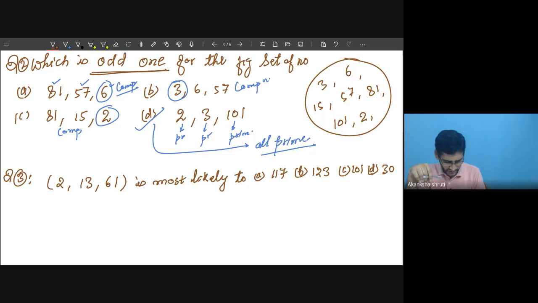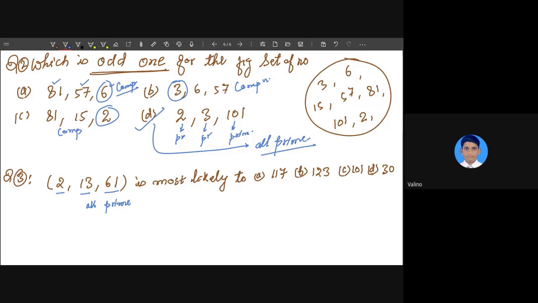2, 13 and 61 is most likely to which of these? Post your answer. Here you are observing 2 is one of the primes, 13 is also one of the primes, 61 is also prime. Any doubt? So they are all prime. Is it okay? So all the three are prime.